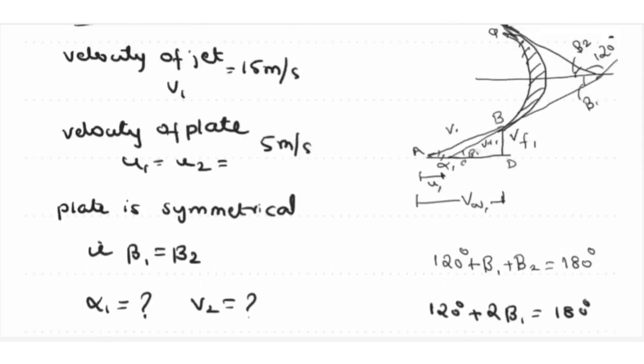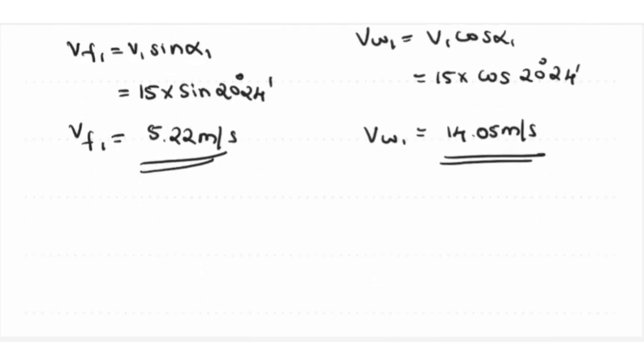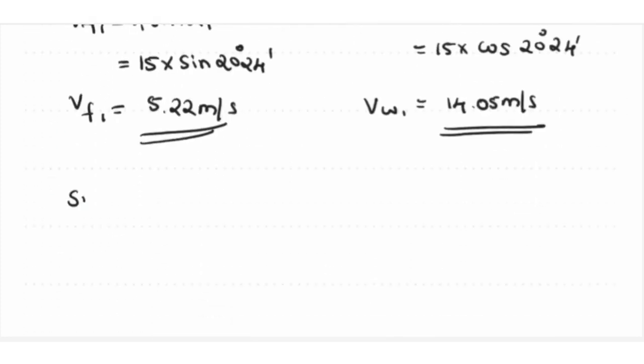So now we should calculate here what is VR1. So VR1 is this one. You can calculate it by applying sine to the triangle BCD. So sine of beta 1 is equal to opposite side is VF1, hypotenuse is VR1.